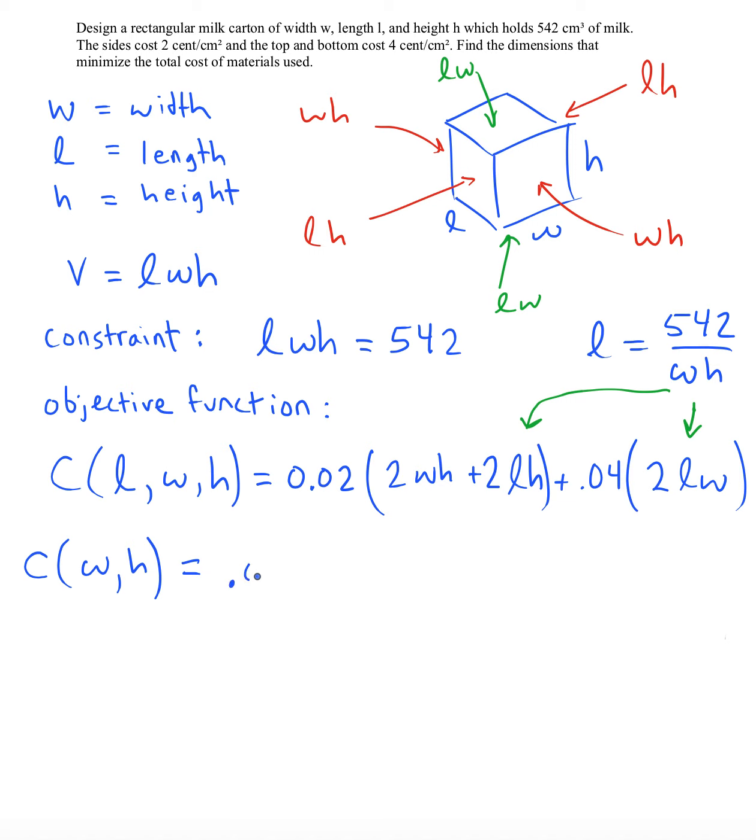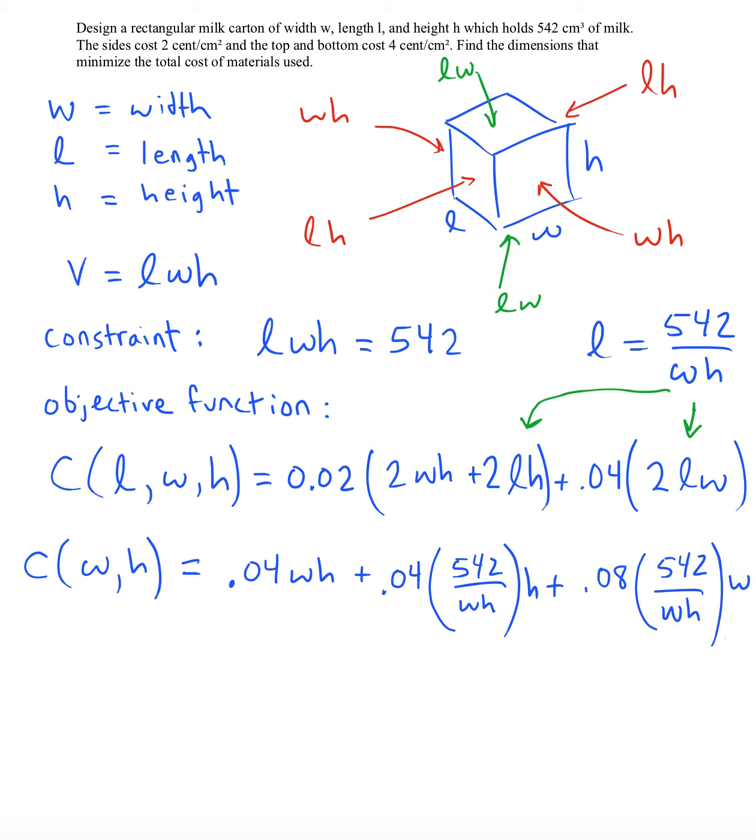Alright, so we're going to have 0.04 WH plus 0.04 times 542 over WH times H plus 0.08 times 542 over WH times W. Okay.